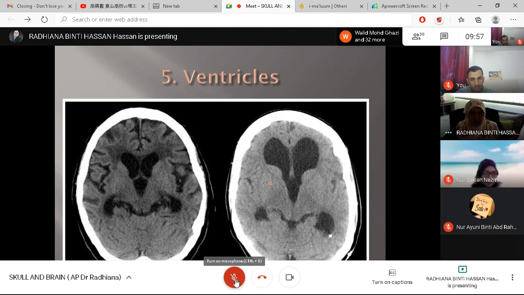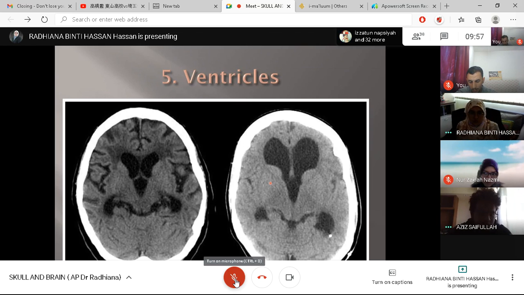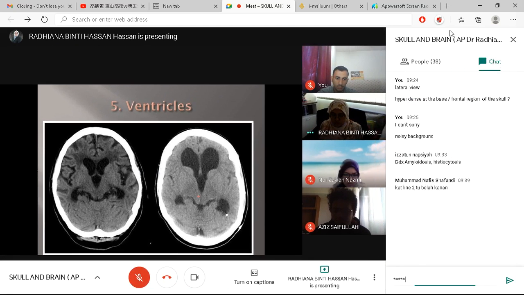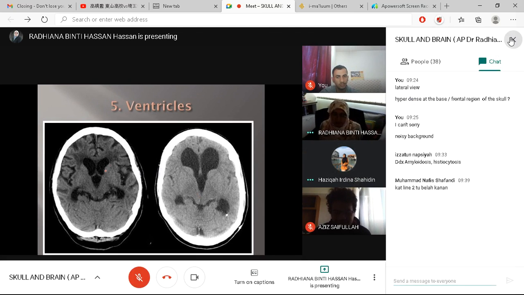One is confined only within the ventricle, another one spreads into the parenchyma of the brain. Okay. So what do you think is the diagnosis for this one? Hydrocephalus. What about this one?